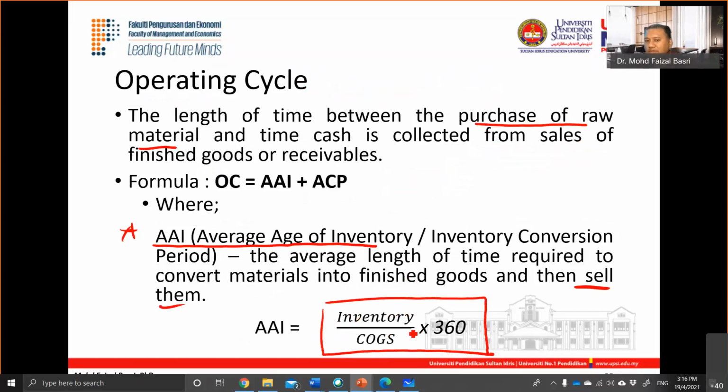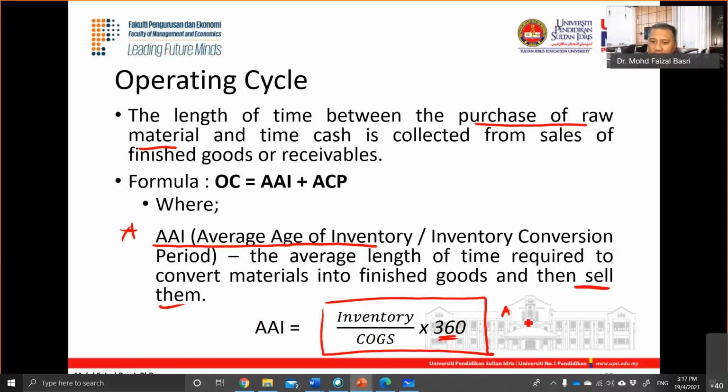We divide by cost of goods sold and multiply by 360. If you recall, if you multiply by 360, we get AAI in number of days. So AAI will be in days: how many days will be the average age of inventory. This is one way to find the AAI.